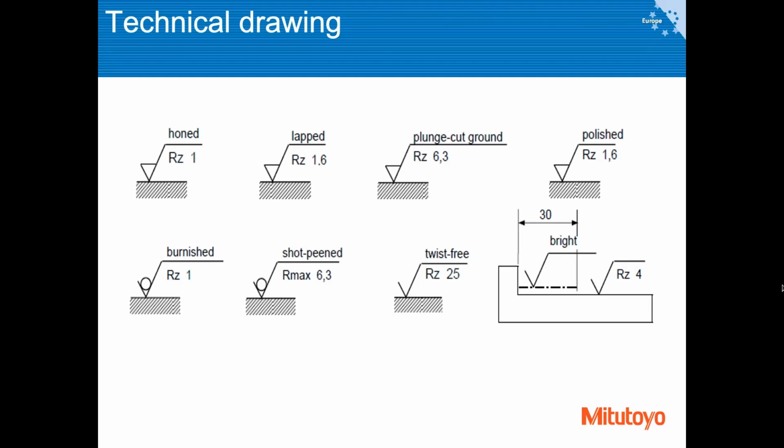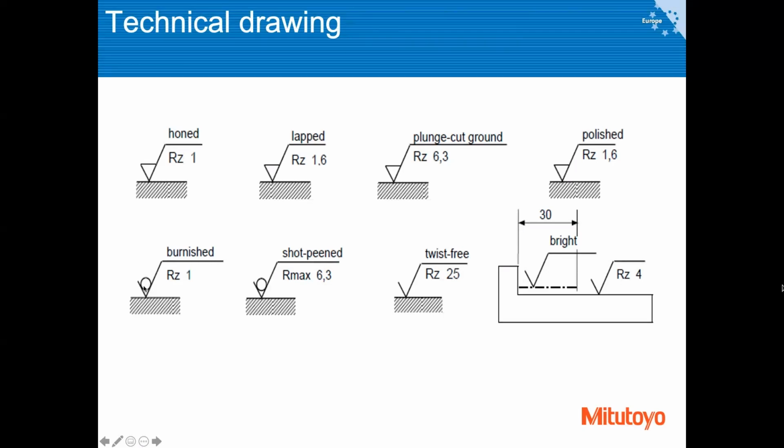For instance, if you are milling or doing electro erosion, you are removing material until you achieve the desired surface quality. If you apply this line on top, you are saying to the producer that you allow material removal in order to achieve the final result.